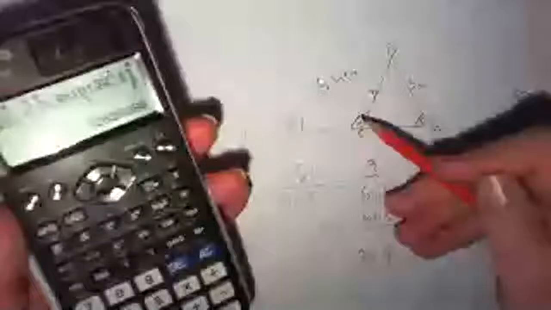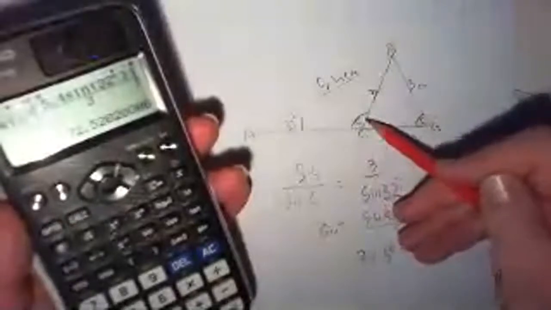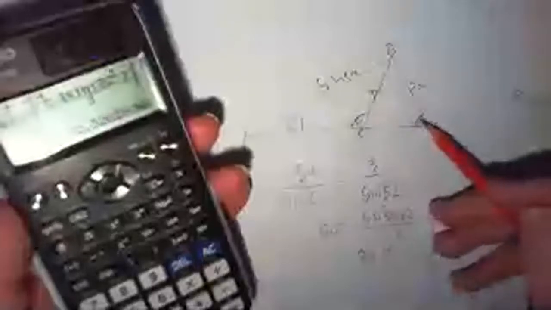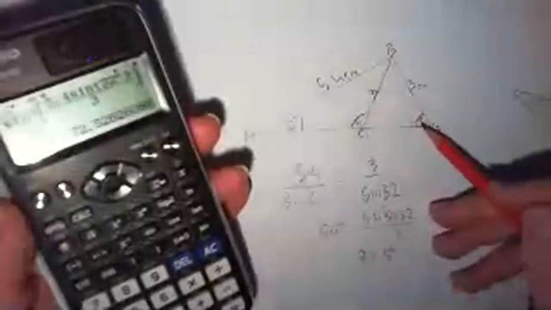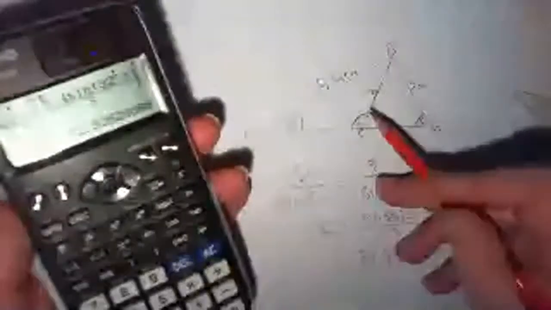Okay. Now, if you look at this carefully, that does not look like 72 and a half, does it? In fact, that looks like it's an obtuse angle. That looks like 72 and a half. So if one of them is 72 and a half, then the other one must be in the second quadrant, because it's between 90 and 180.